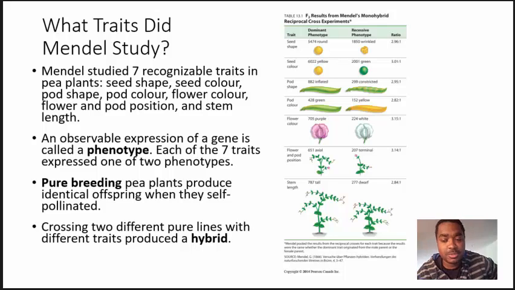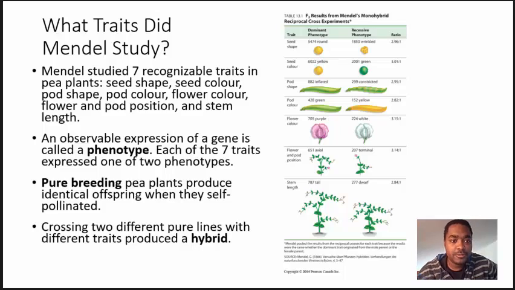And this made his experiments very easy because, well, if you look around you at any particular time, especially if you live in Montreal, you'll see there's a wide range of traits. It's not kind of binary. Someone is not just tall or short. They don't just have brown eyes or blue eyes. There's a wide spectrum. But by studying the pea plant, he had the opportunity to study some very discrete traits that were either one or the other.